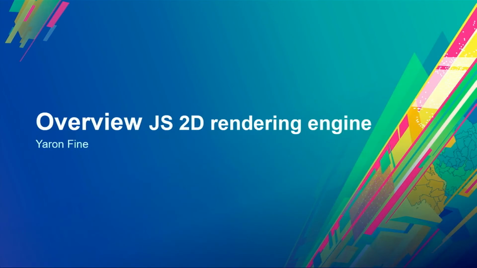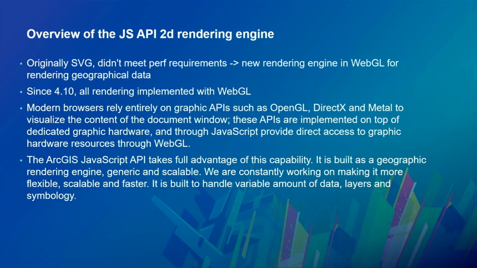So a very quick rough overview about the 2D rendering engine. It was originally implemented using SVG. We figured out that it does not meet the performance requirements and doesn't scale as well, so we ported it over to WebGL. Since version 4.10, all the rendering is done with WebGL, so the entire rendering stack is based on WebGL.